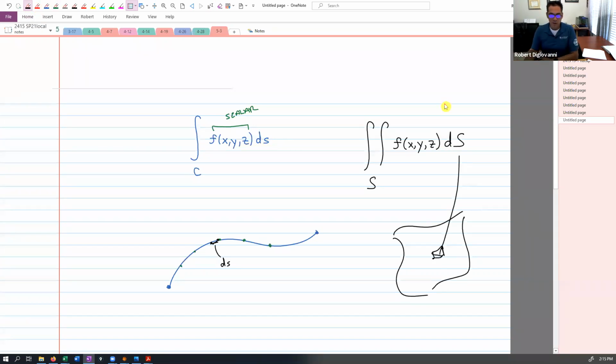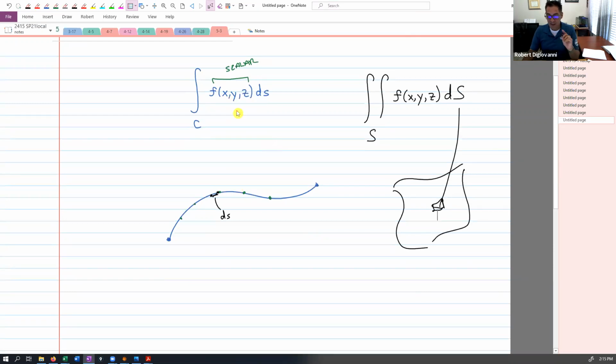So it's the same thing we were doing there, but now it's a surface instead of a curve in three-dimensional space. If you go back, the next step after this was the line integral of F dot dr.